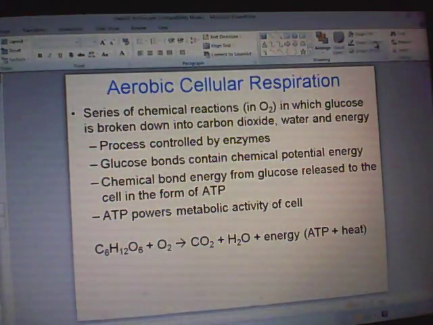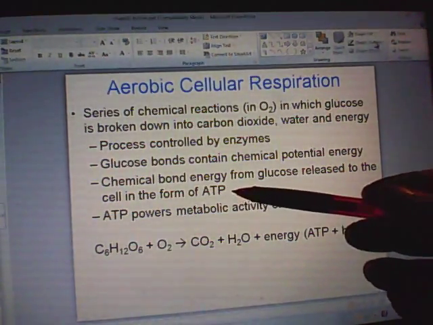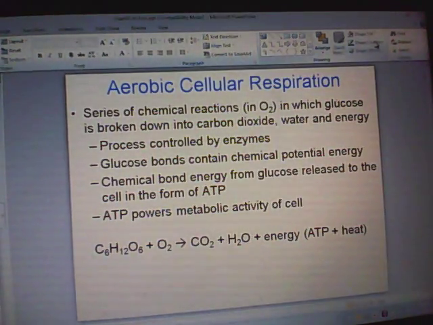It is done to generate ATP. Okay? So the process in the mitochondria is called aerobic cellular respiration, and it is done to generate ATP. That's the simple basics of what all three of these slides I've just said to you.